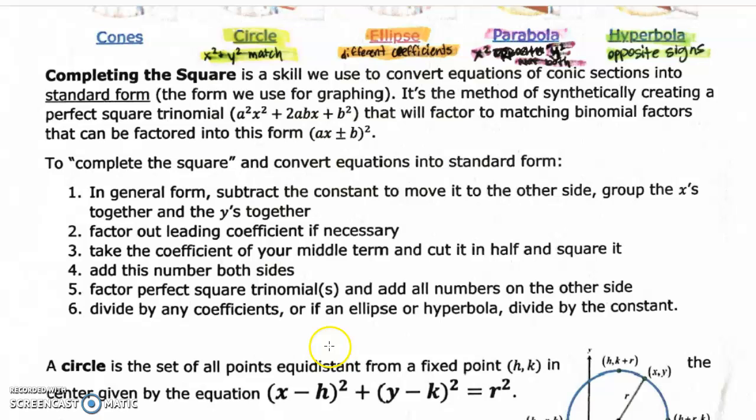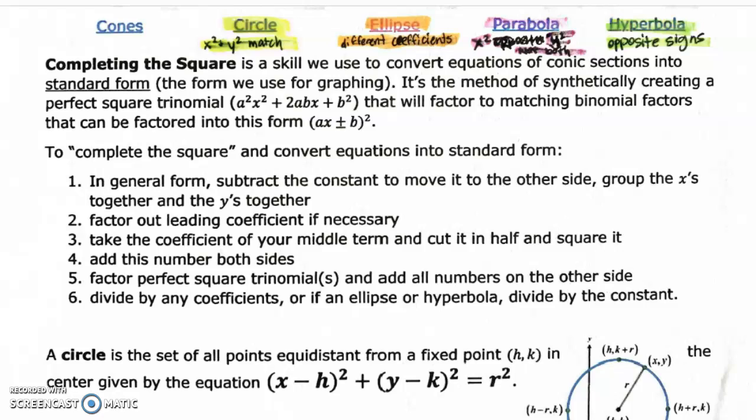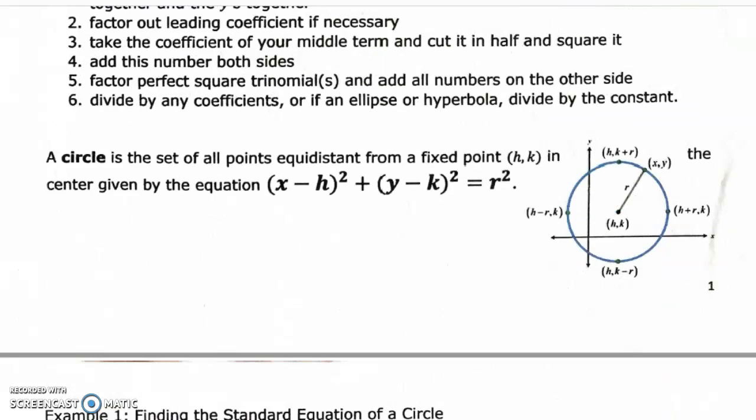The last step would be to divide by any coefficients if we had to factor any out in step 2, or if it's an ellipse or a hyperbola, we actually divide by the constant on the other side so that we end with 1. Again, we'll talk about that more, but jot those steps down.